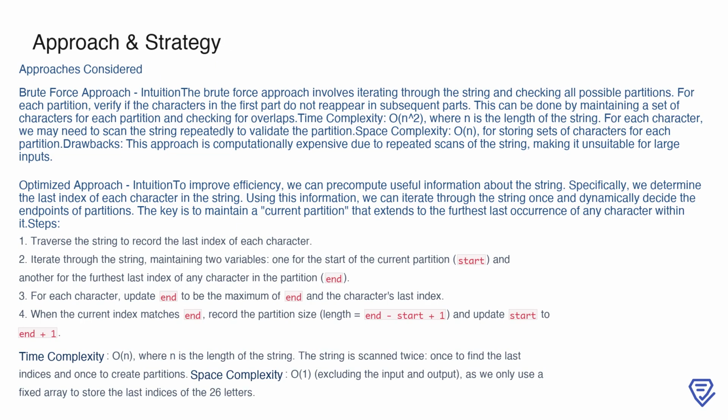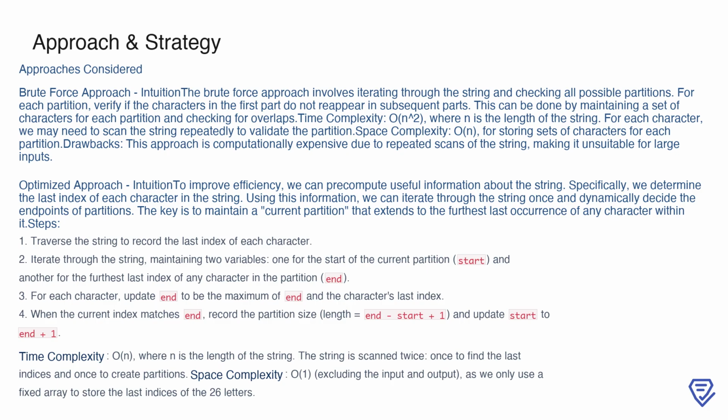To solve this problem, we first consider a brute force approach. Here, the idea is to iterate through the string and try all possible partitions. For each potential partition, we check whether the characters in the first part do not appear in any of the subsequent parts. This can be achieved by maintaining a set of characters for each partition and verifying there's no overlap between them.